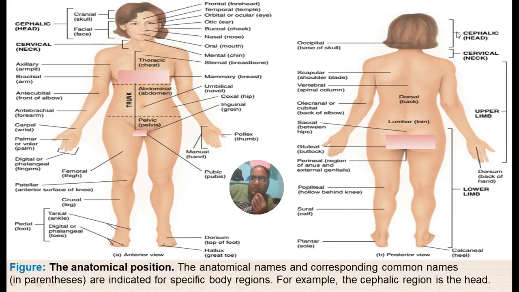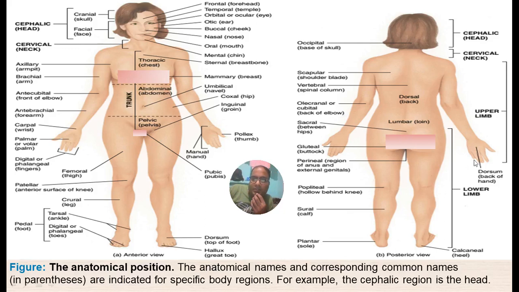Similarly, cephalic, cervical, upper limb, lower limb, trunk, the dorsal back, lumbar region, occipital, back of the skull, scapular, shoulder bone, vertebral column, spinal column, olecranal or cubital, back of the elbow, sacral, between the hips, sacral bone, gluteal, buttock, and the perineal region, of the anus and the external genital.